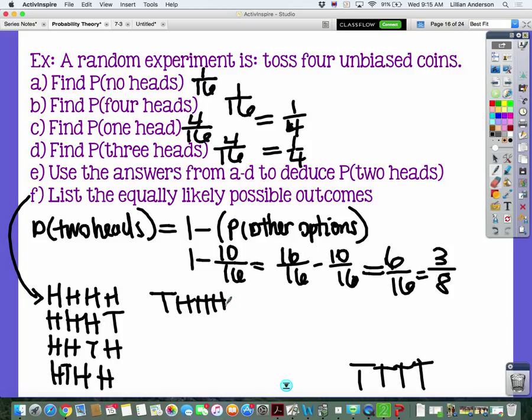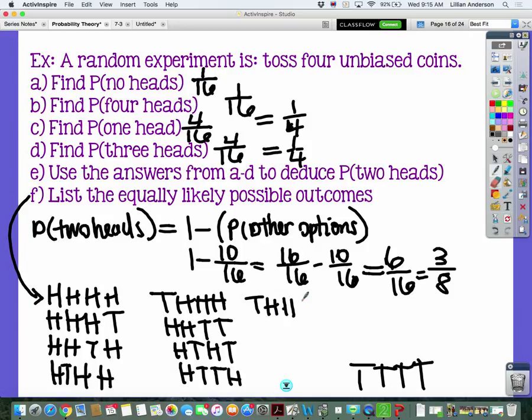Okay? Now your options for 2 heads. You could have 2 heads, 2 tails, a head, tail, a head, and a tail. You have a head, 2 tails, and a head. Okay? You could have a tail, 2 heads, and a tail. You can have a tail, 2 heads.